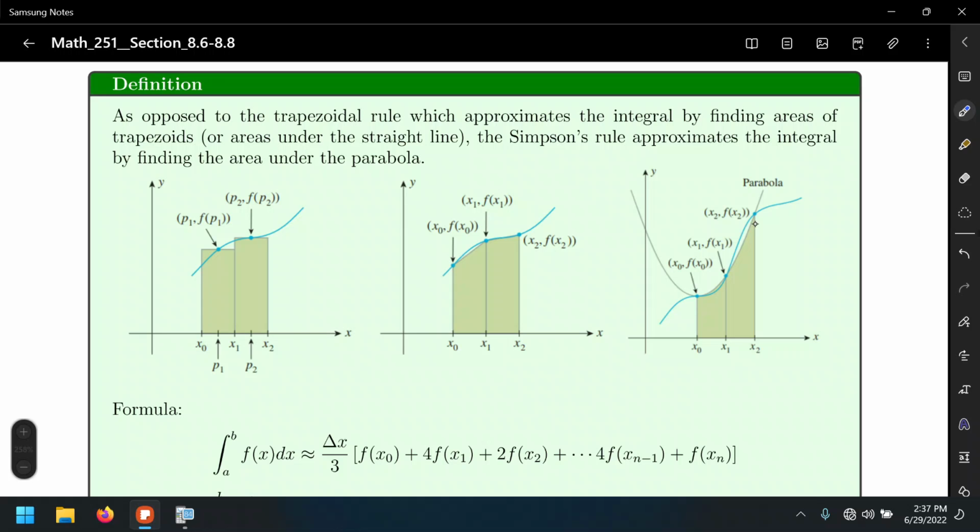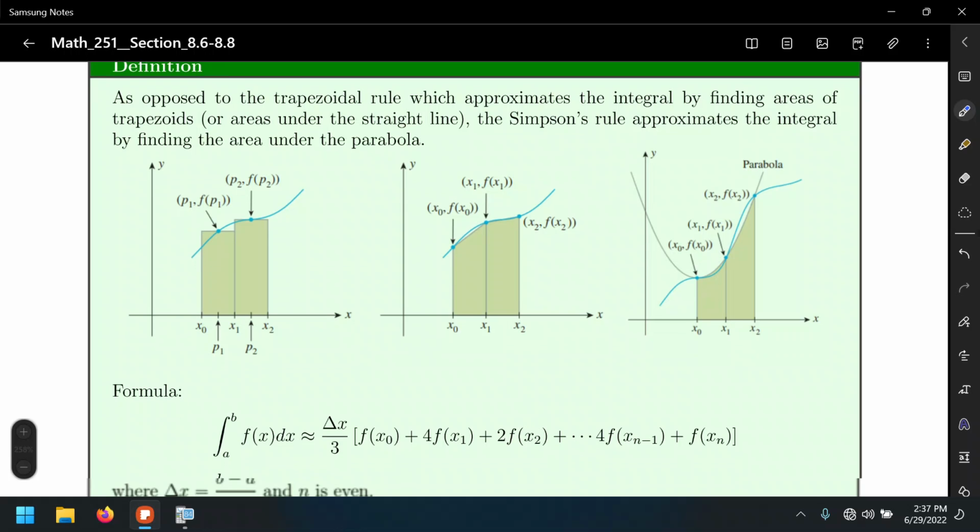And then the next method is the parabola, because in the Simpson's rule we are finding areas under parabolas. So what we're doing is in a way sectioning some function f of x. So we have some parabola here, another parabola there, another parabola here.